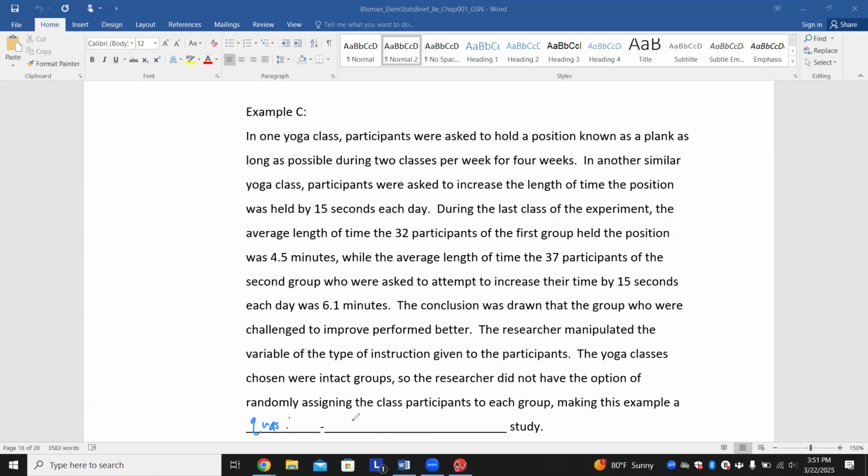Quasi. Right. So again, it was just the instruction that was changed, and each class group was already formed, so they weren't randomly just plugged in there. So that's why it's a quasi, versus the last example, they were randomly chosen for the treatment.